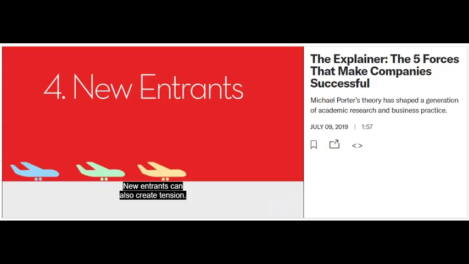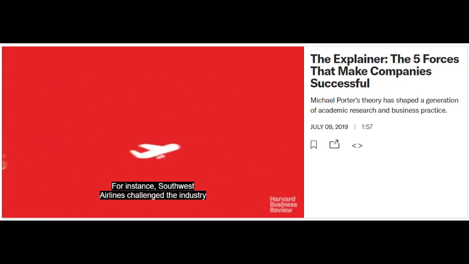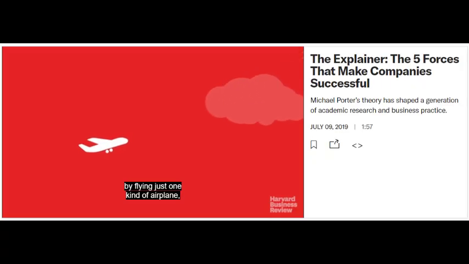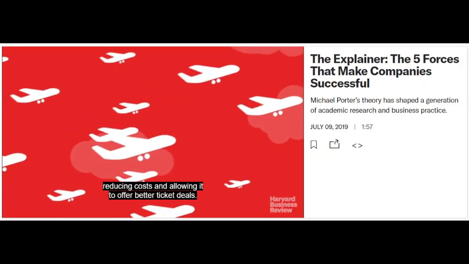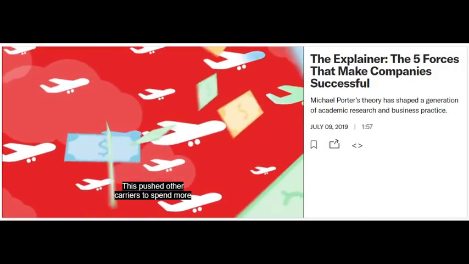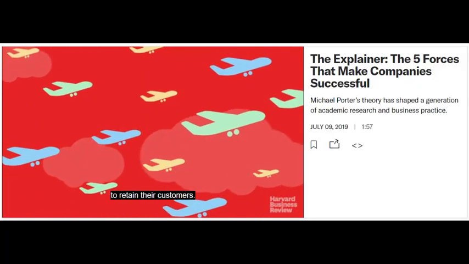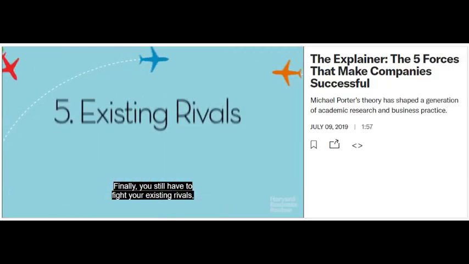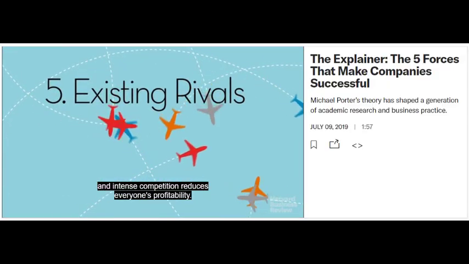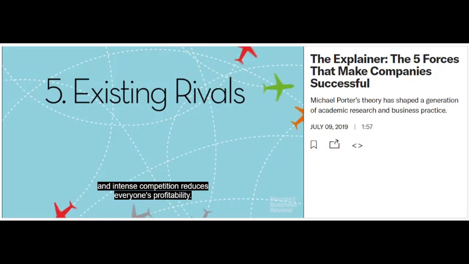New entrants can also create tension. For instance, Southwest Airlines challenged the industry by flying just one kind of airplane, reducing costs and allowing it to offer better ticket deals. This pushed other carriers to spend more to retain their customers. Finally, you still have to fight your existing rivals, and intense competition reduces everyone's profitability.